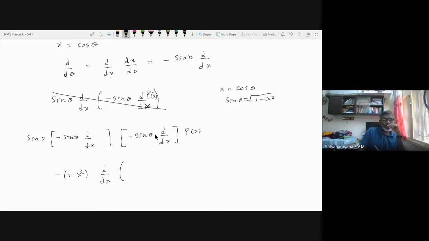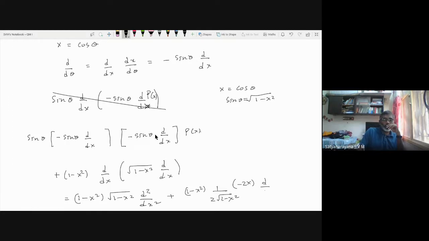a minus sign. So I can pull that out and put this plus square root of 1 minus x square into d by dx. Which I can write as 1 minus x square into square root of 1 minus x square into d square by dx square, plus I have to do a differentiation with respect to this, that is 1 minus x square into 1 by 2 root 1 minus x square into minus 2x into d by dx.